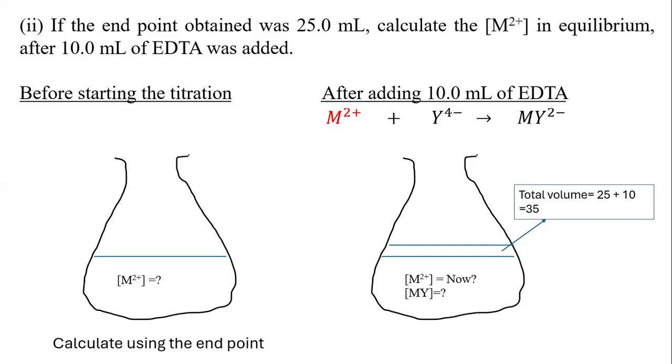KMY is equal to the concentration of products over the concentration of reactants. Okay, let's look at that. I do not want to show the answer without you thinking. If asked about any equilibrium concentration, you have to write down the equilibrium reaction and also the equation of the equilibrium constant.